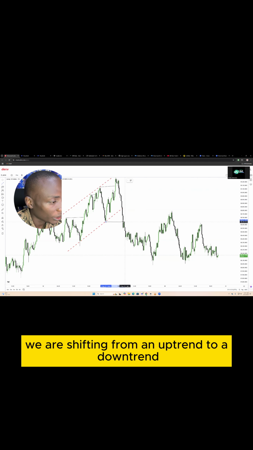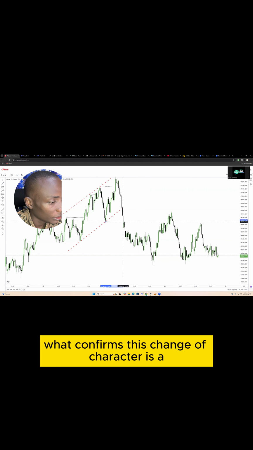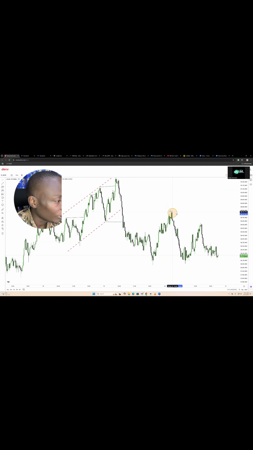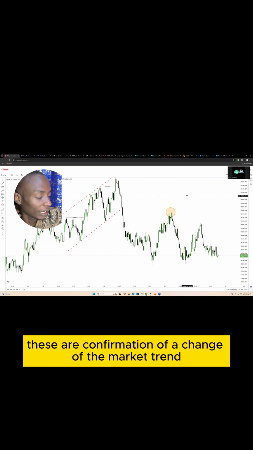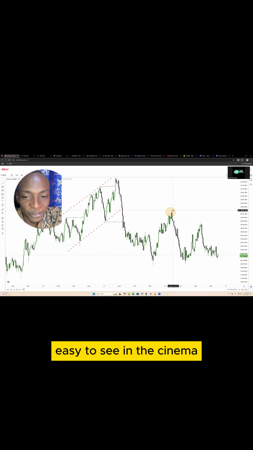We are shifting from an uptrend to a downtrend. What confirms this change of character is this higher low. The moment we have this higher low, this is a confirmation of change of the market trend from an uptrend to a downtrend. Hizi vitu si ni rahisi.